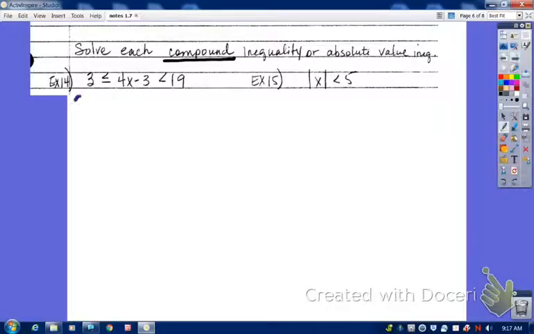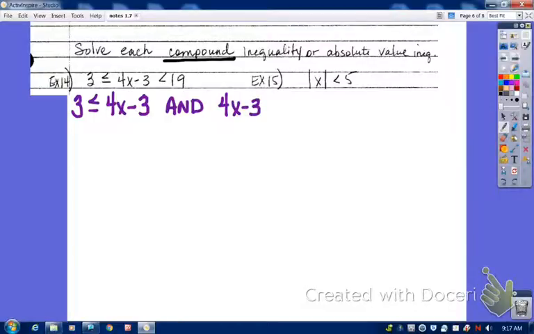So I'm pretty sure you've done some of these in Algebra 1, but you may have totally forgotten them. When we read example 14, we read it as two separate inequalities. The first inequality is 3 is less than or equal to 4x minus 3. Then we use the word and, then we have 4x minus 3 again.